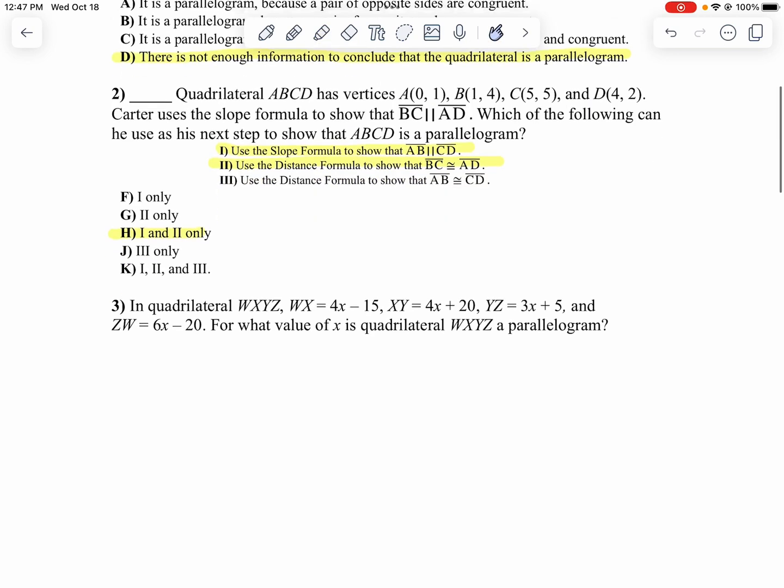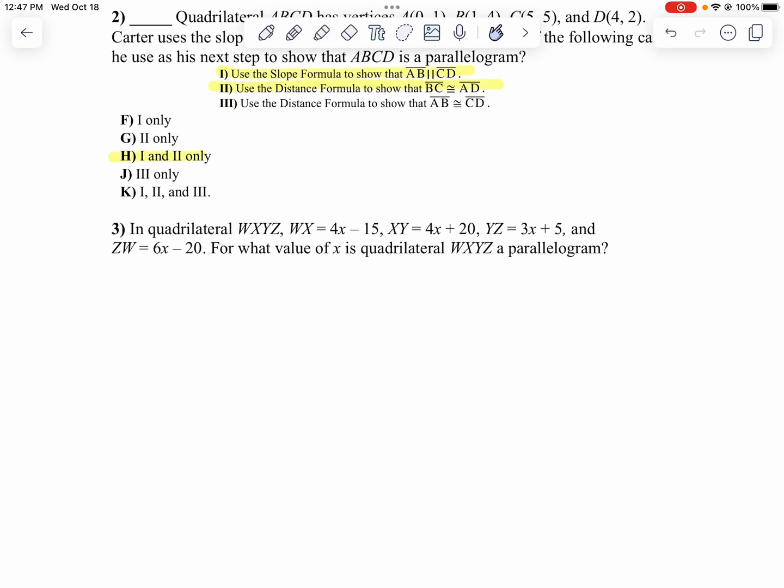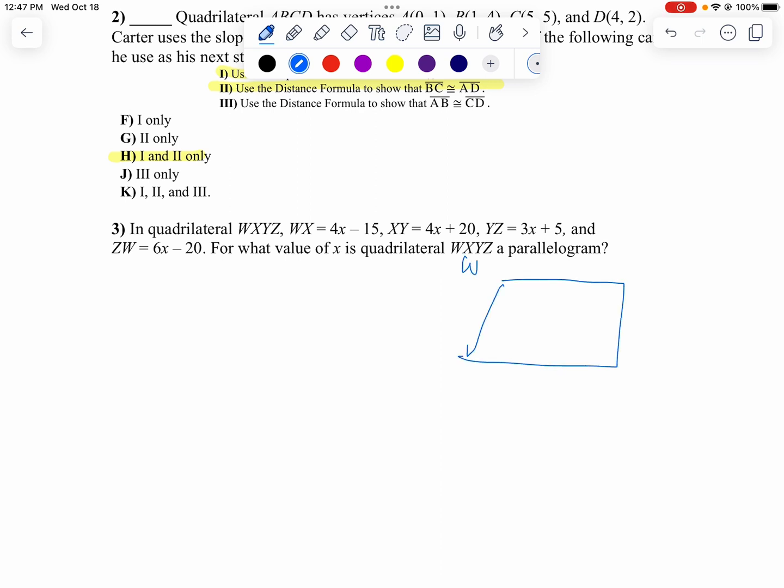If we take a look at question number 3, we've got a quadrilateral, and I want to know, when is it a parallelogram? So let's draw this out so we can see it. So W, X, Y, Z. We're told W to X is 4X minus 15.